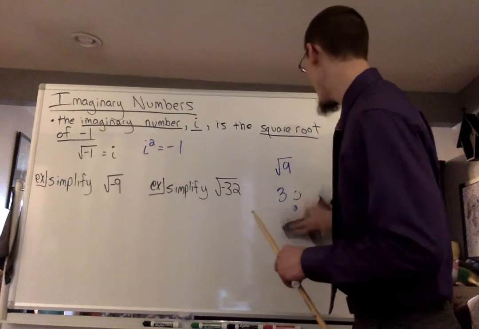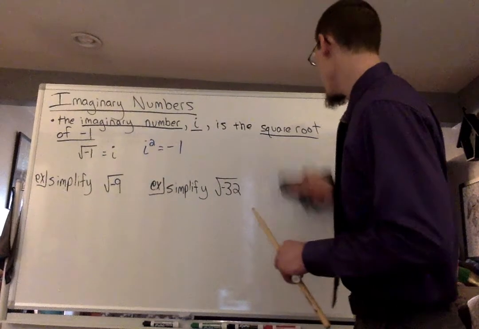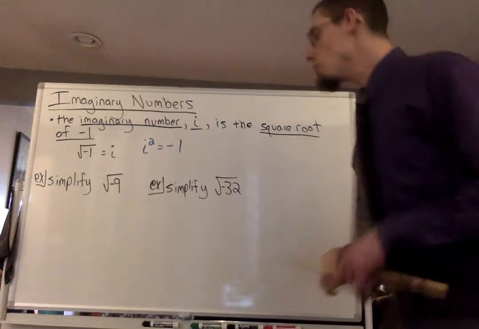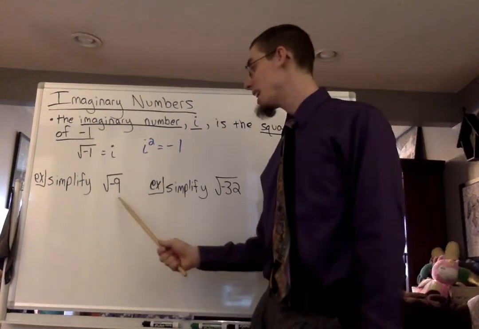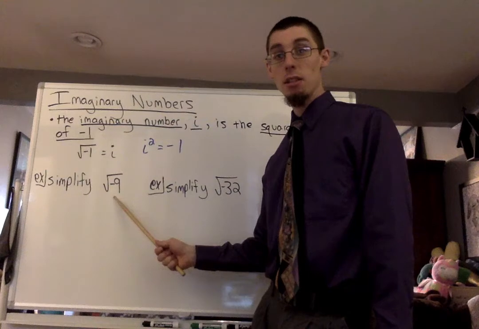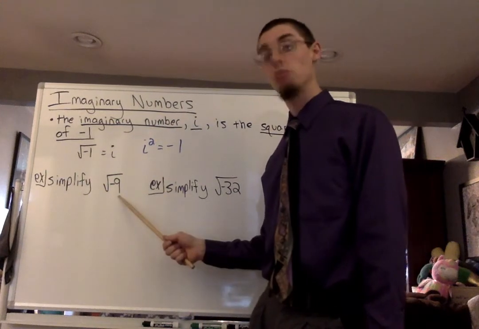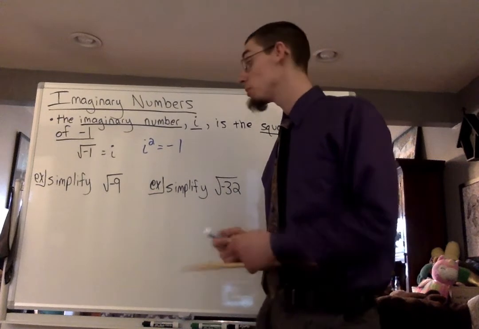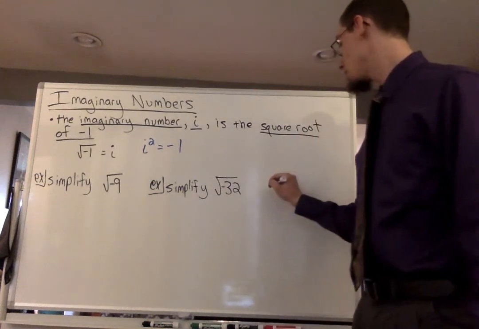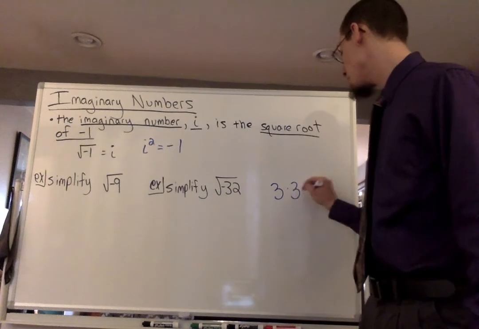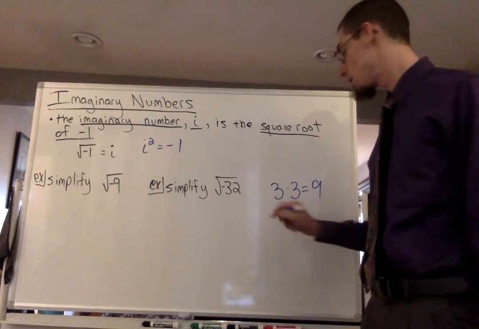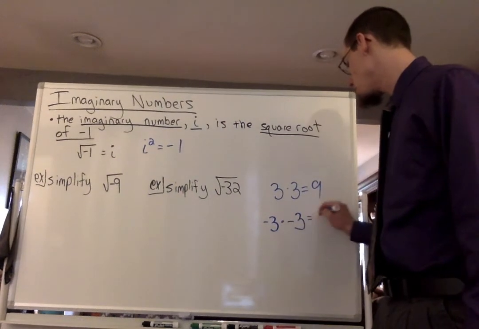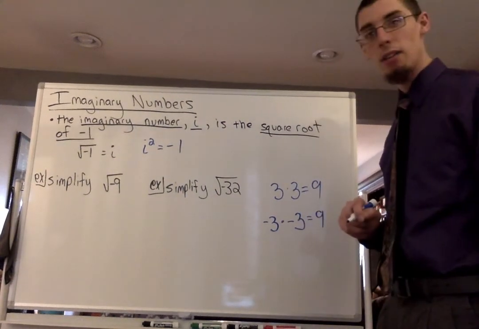Now, the reason why this is imaginary: think about square root numbers. When you try to square root a number like -9, until now, we couldn't do this. Because remember, 3 times 3 equals 9, and -3 times -3 equals +9.